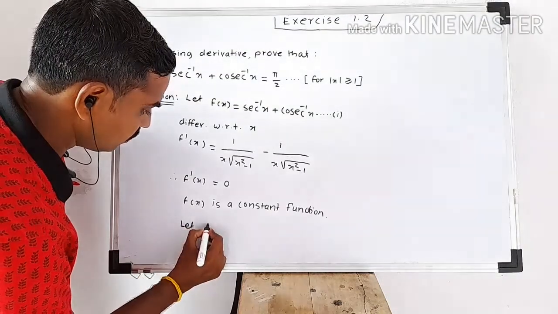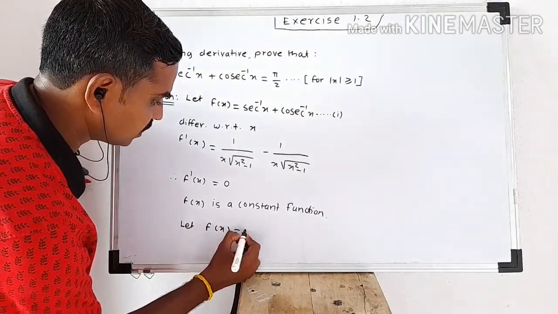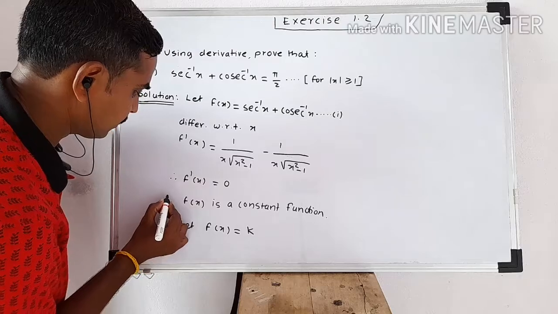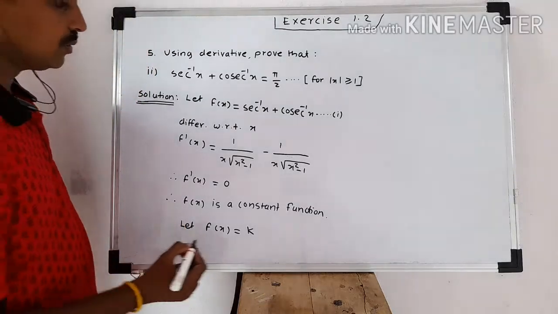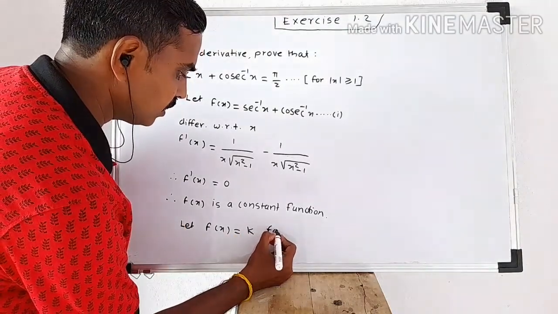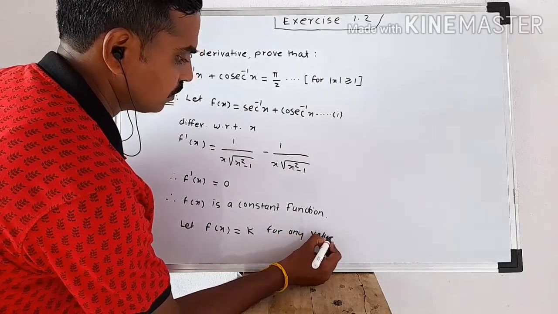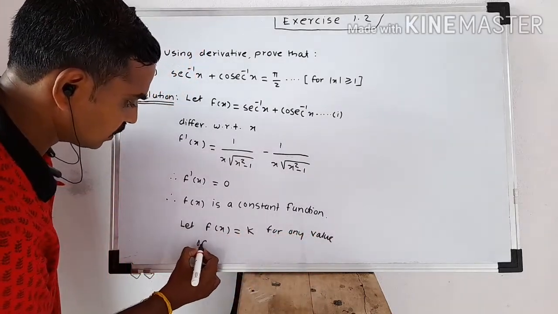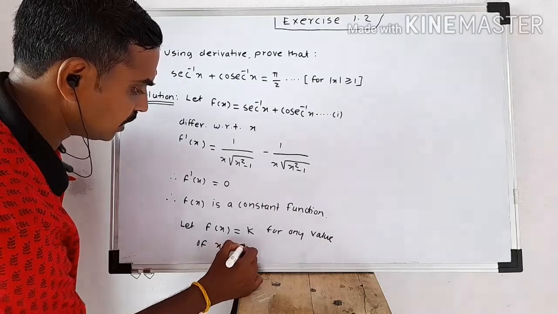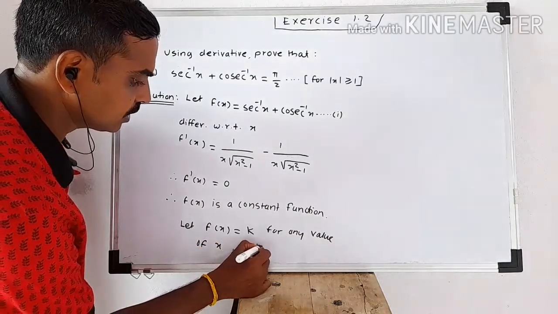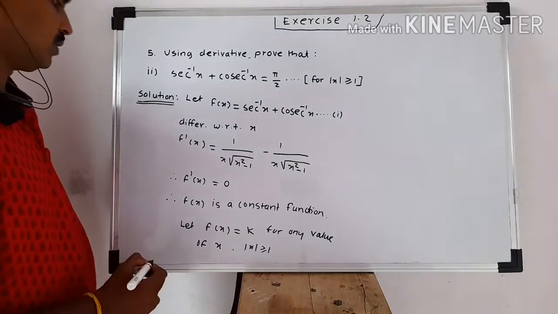Therefore, now we will consider f of x equal to k for any value of x. For which values of x? For modulus of x greater than or equal to 1.